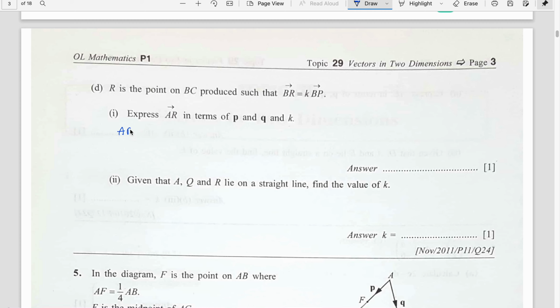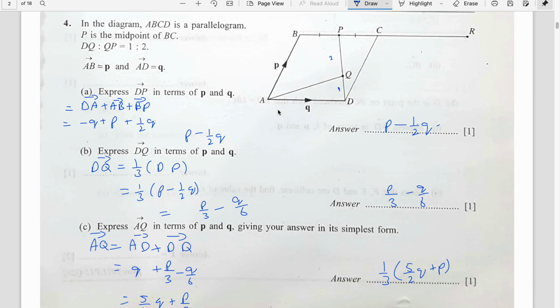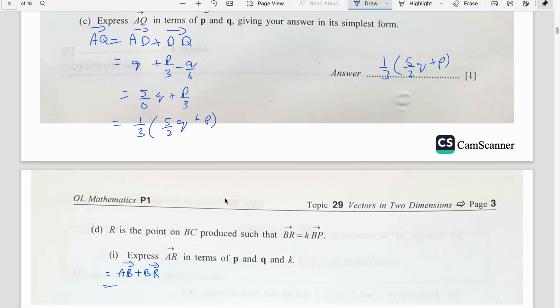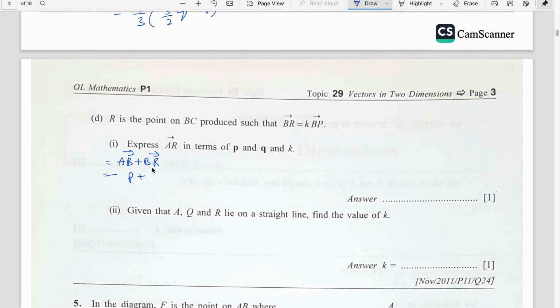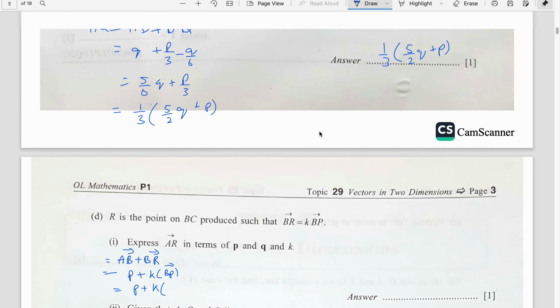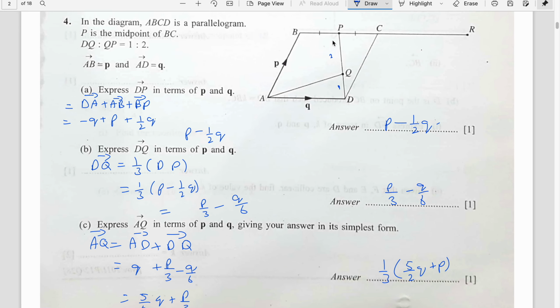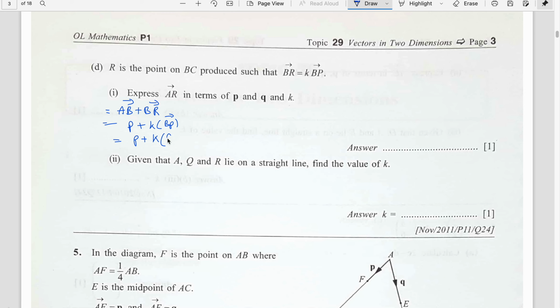AB was P, plus BR is K times BP. The value of BP is half of Q, so Q by 2. So AR is P plus K by 2 Q.